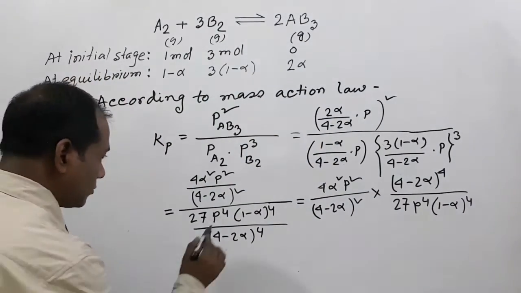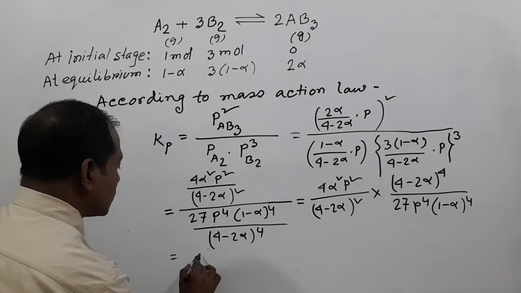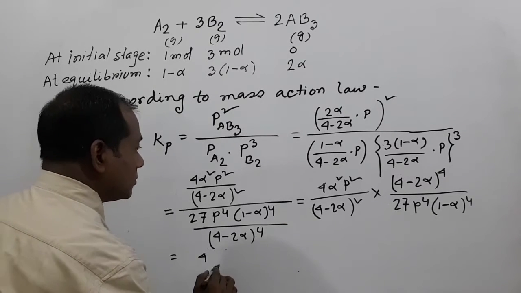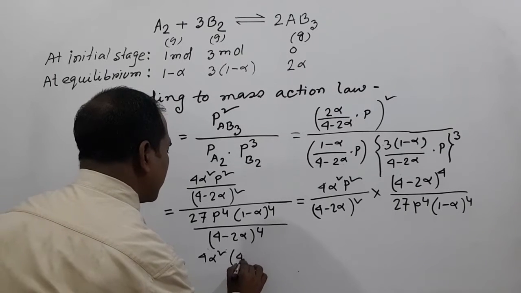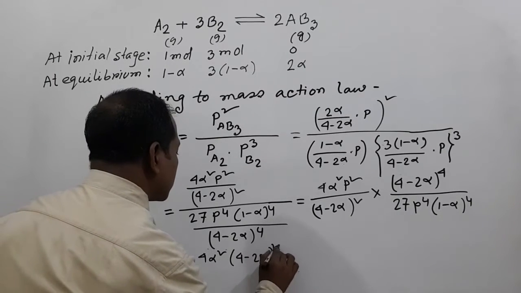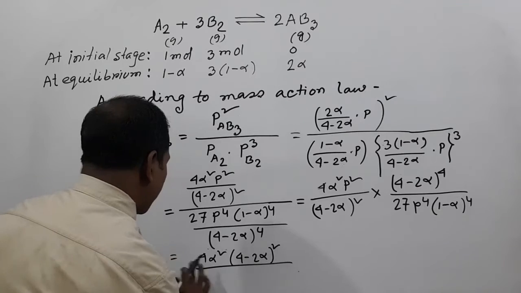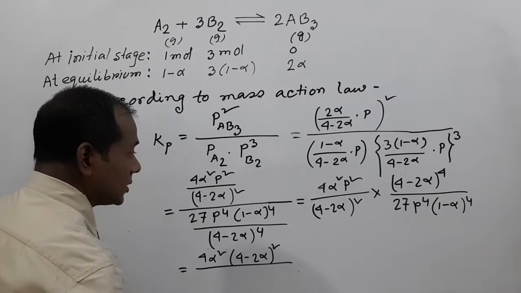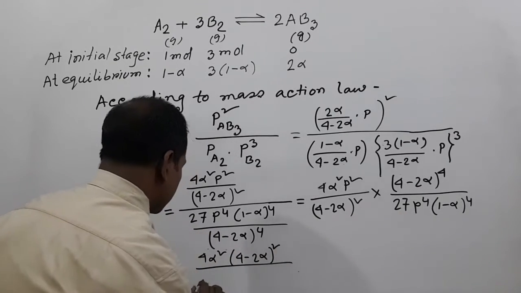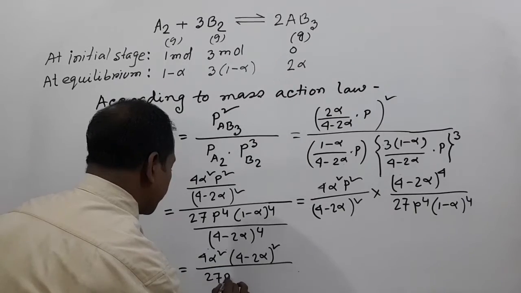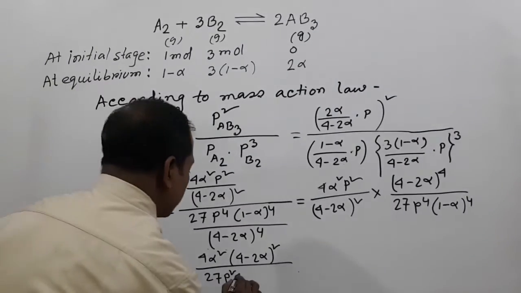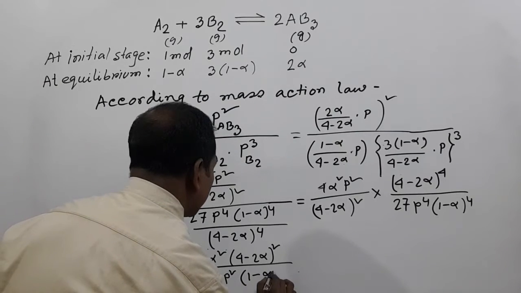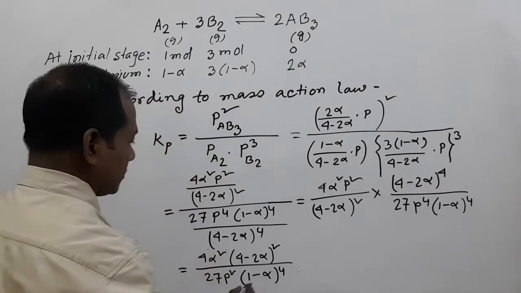Now we get 4 alpha squared into (4 minus 2 alpha) whole squared divided by 27 P squared (1 minus alpha) whole to the power 4.